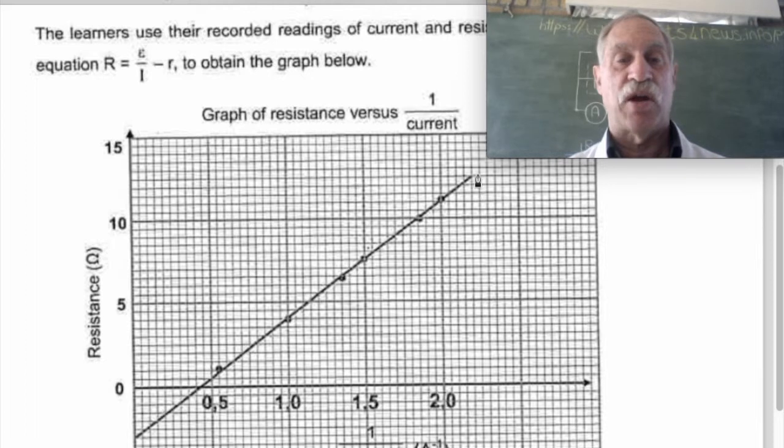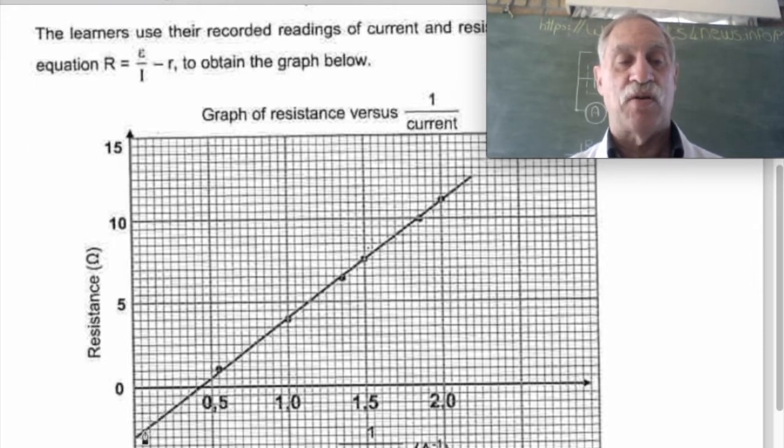Current is getting bigger as the resistance gets smaller. We know that. When the resistance decreases, the current gets bigger. But the current doesn't stop getting bigger. It keeps on getting bigger beyond when the external resistance is naught.